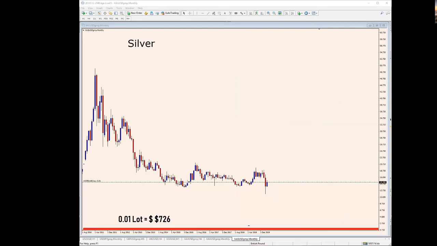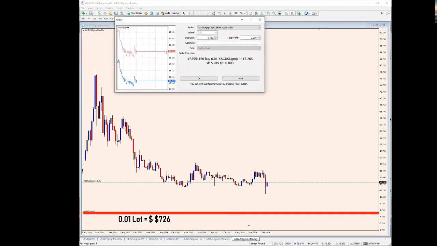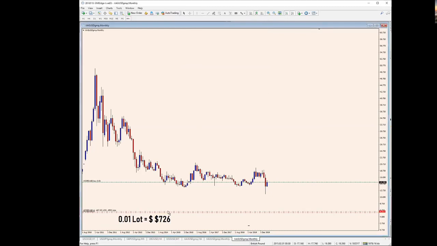Can I bring my ground zero higher? What if I bring my ground zero to $10 or $5? If I bring my ground zero to $5, how much does it require? $450.